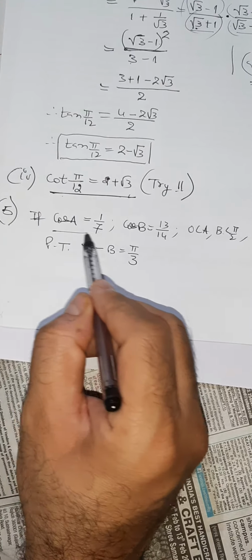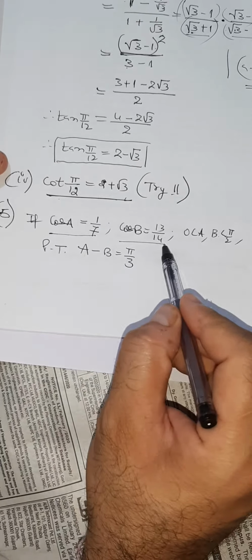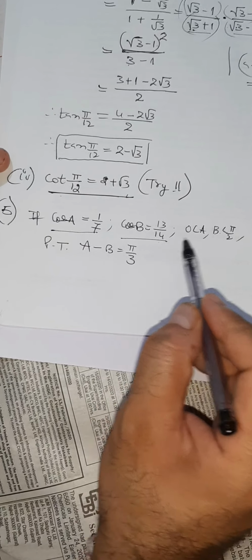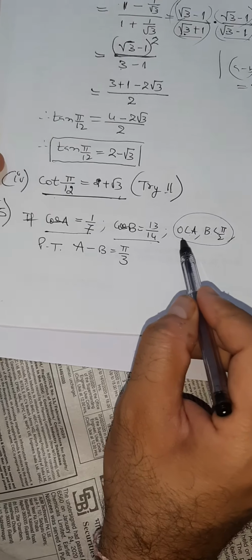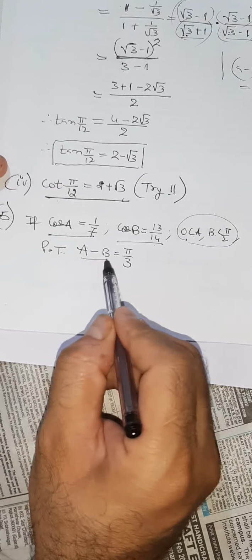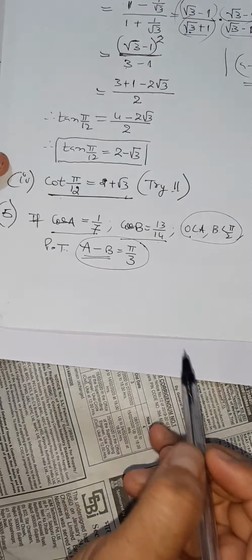Now your next question is, you are given cos A is 1 by 7, cos B is 13 by 14. A and B both are in the first quadrant. Prove that A minus B equals pi by 3.